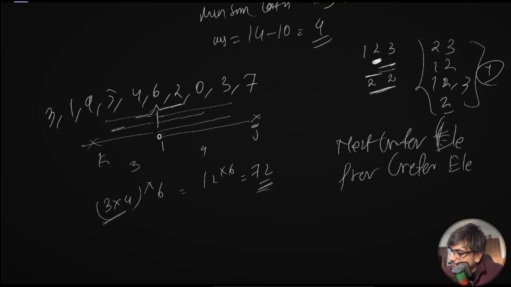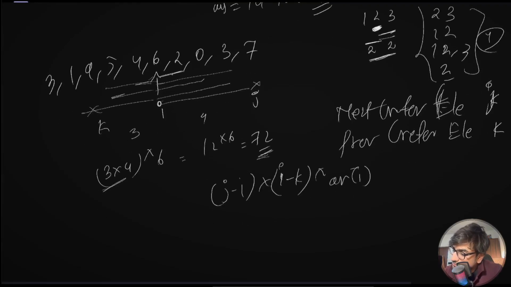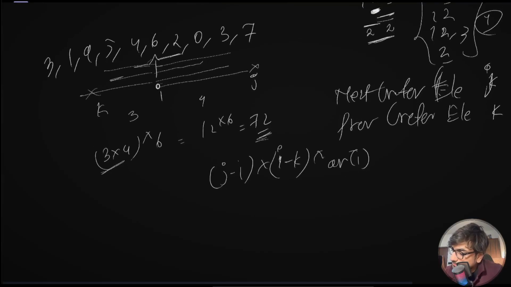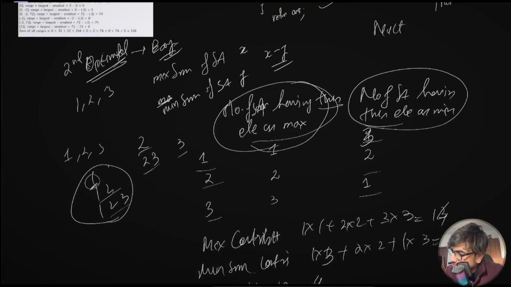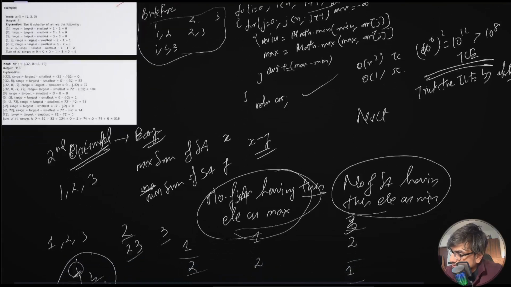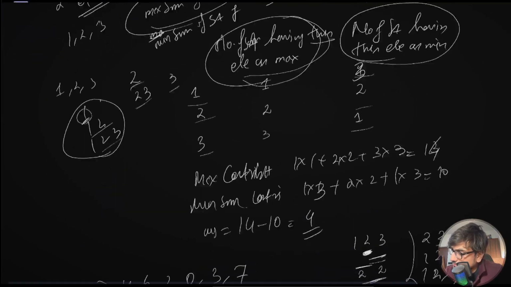Once I have that, so let's say this is j, this is k, then what I'm going to do is say j minus i into i minus k into my array of i. This would be the contribution, right? I need to do this for all the elements, and we would be solving this question. Which question? Maximum sum of sub-arrays, right?